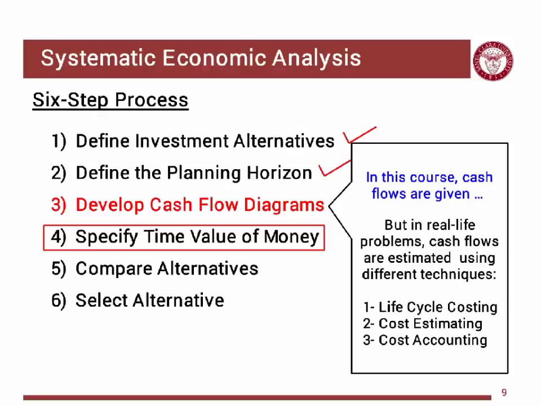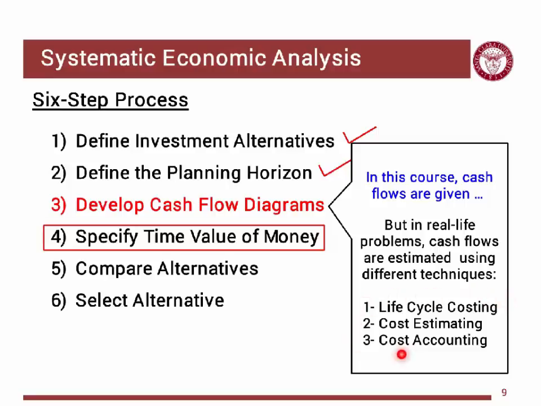Once you define your alternatives and the planning horizon, now you need to develop the cash flow diagram for each alternative. In the class, a problem given to you already has that done. But in real life, you have just an engineering solution, like use equipment A, or this is the design for a bridge. So you need to estimate and make a lot of assumptions, not some, a lot of assumptions, to come up with costs and expenses and maybe expected revenue.